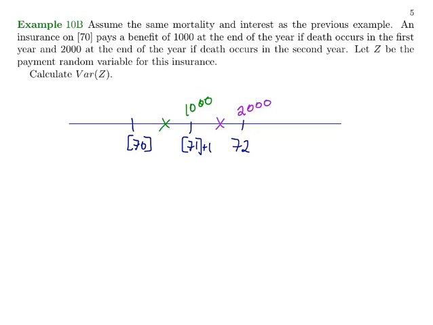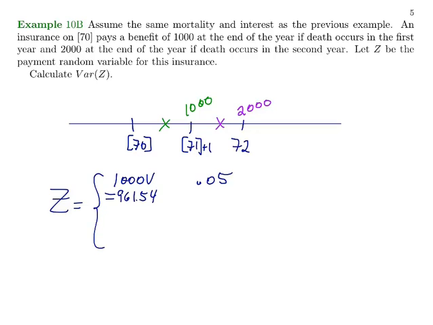Okay, so again, Z has 3 possible values, either 1,000 V if he dies between age 70 and age 71, and that probability according to our table is 0.05, and 1,000 V is 961.54.